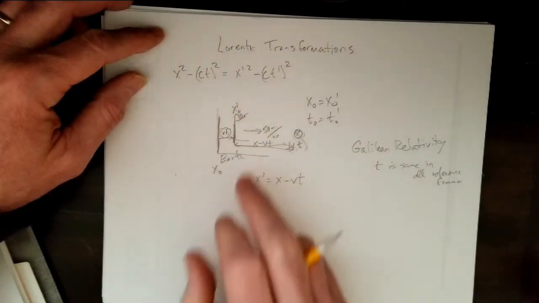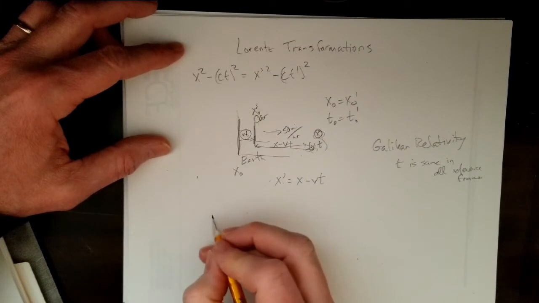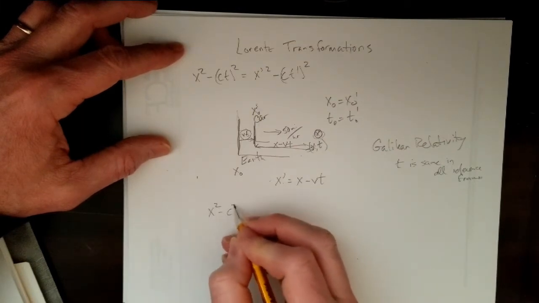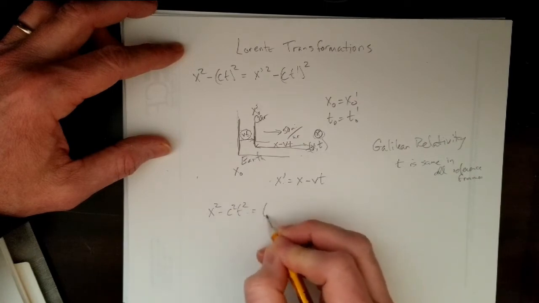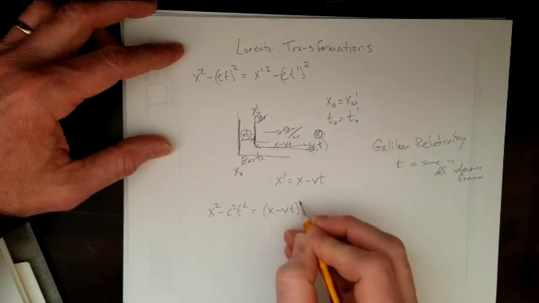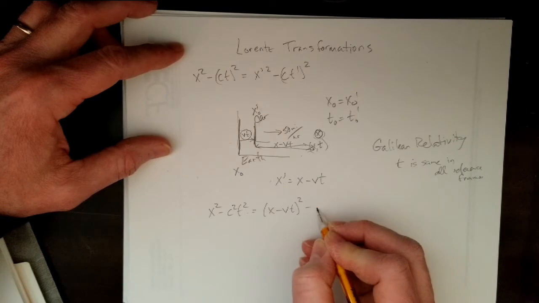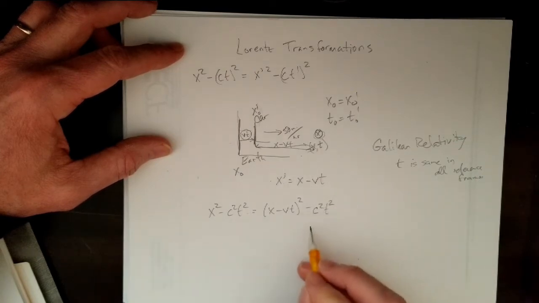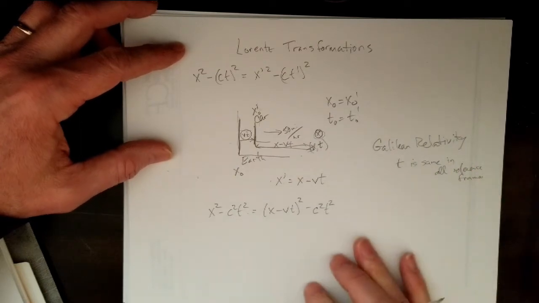So if this is true up here, then we have x squared minus c squared t squared is equal to x minus vt squared minus c squared t squared, because remember, time is the same in both reference frames in Galilean relativity.